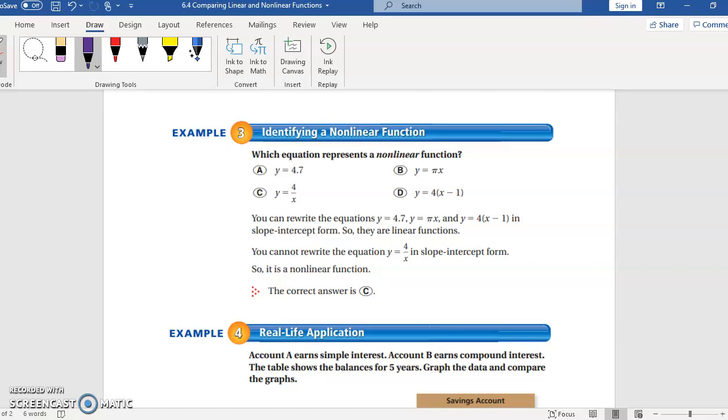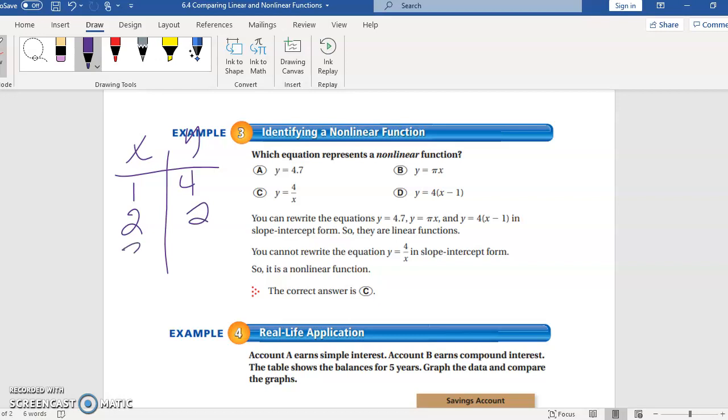C, if I made a table, that is not going to be similar. My x and my y: if my x is 1, my y is 4. If my x is 2, my y is 2.